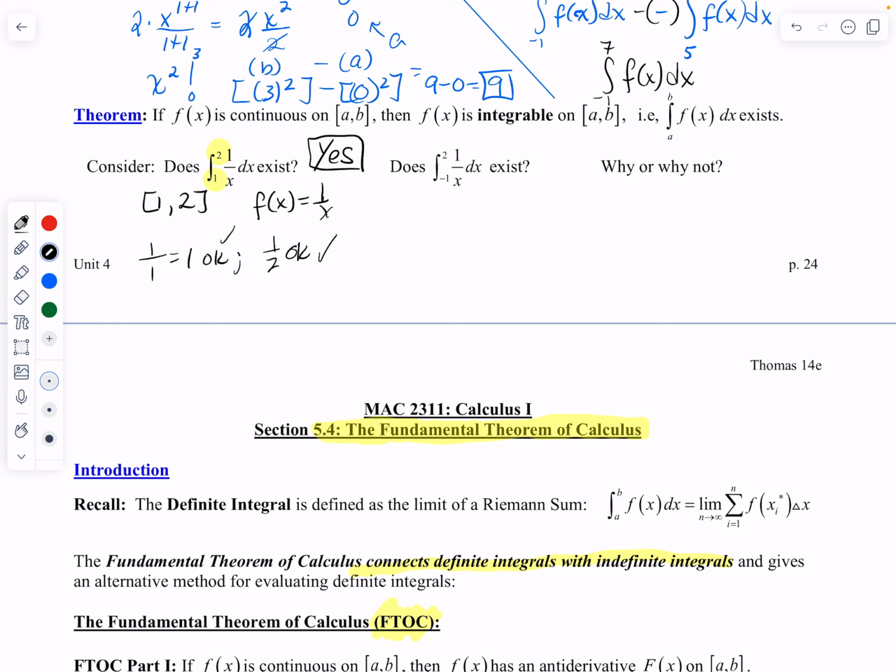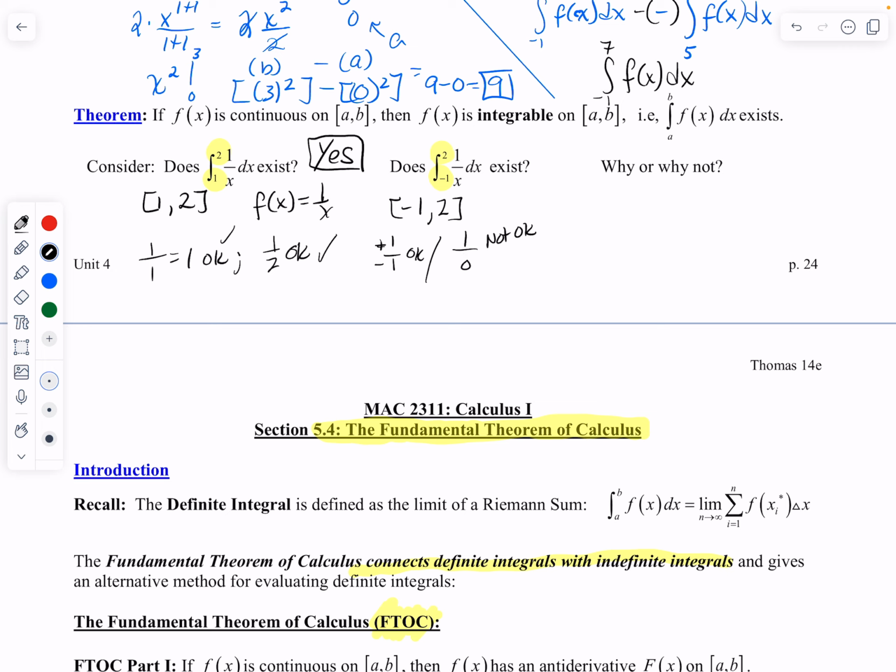If it is continuous, then it exists. Now let's look at the second one. I'm going from -1 to 2. Again, I'm going to check. From -1 to 2, so -1 over 1, okay. Or I have that backwards, it should be 1 over -1, but it's still okay. Checking out the next value: 1 over 0, not okay.